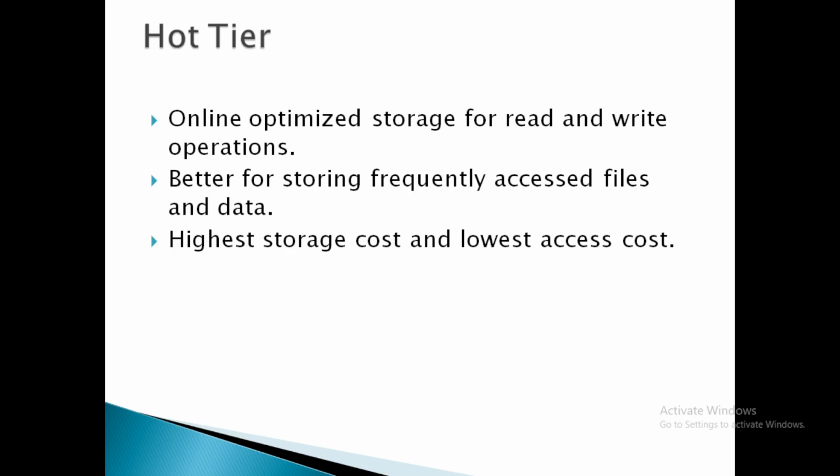Hot tier is online optimized storage for read and write operations. Whenever we create our storage account and then we create a container, at that time you have to select which tier you want to use. So you can select either hot tier, archive tier, or cool tier as per your use.